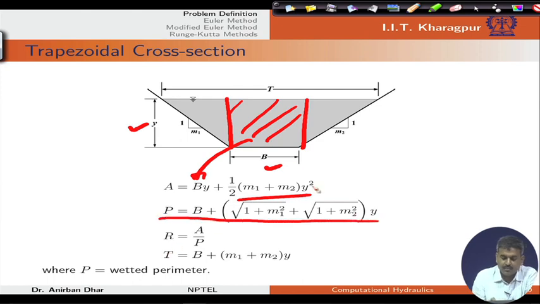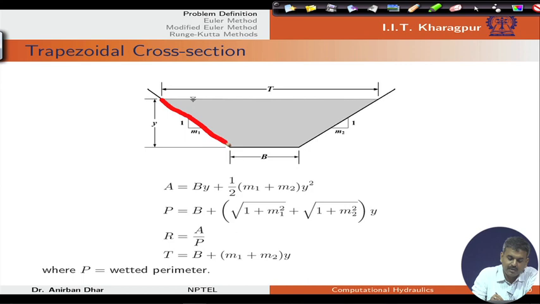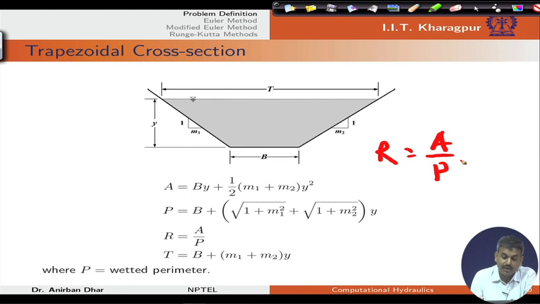Perimeter is this one, bed width plus these parts; this is the wetted perimeter P we need to calculate. Then we need the top width, which is this one, and R, obviously, we can calculate based on A and P values.